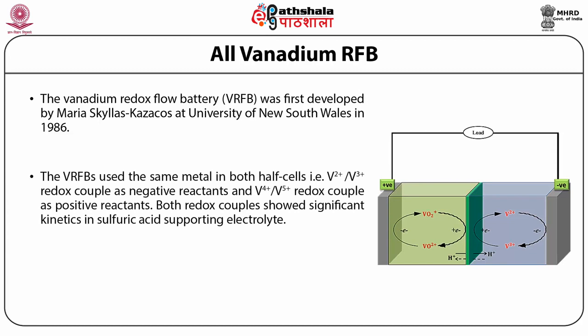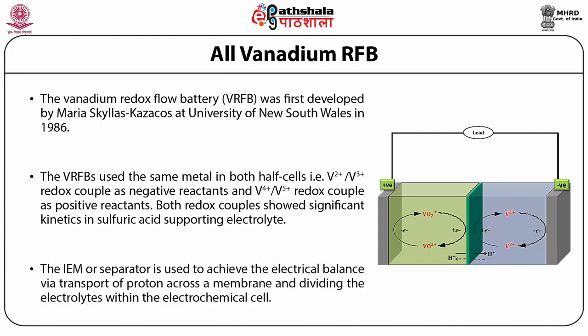The VRFBs use the same metal in both half cells, that is the V2+ or V3+ redox couple as negative reactants and the V4+ or V5+ redox couple as positive reactants. Both redox couples show significant kinetics in sulfuric acid supporting electrolyte.